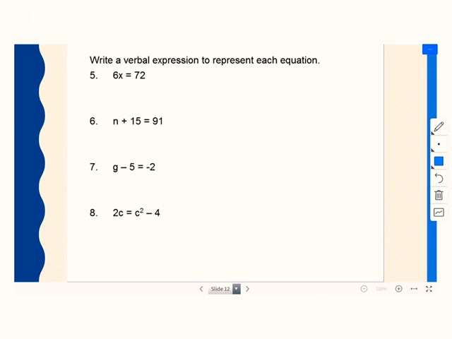Okay, write a verbal expression to represent each equation. So now you're putting into words. So you are writing it out. So 6 times, or you could say the product of 6 and a number.